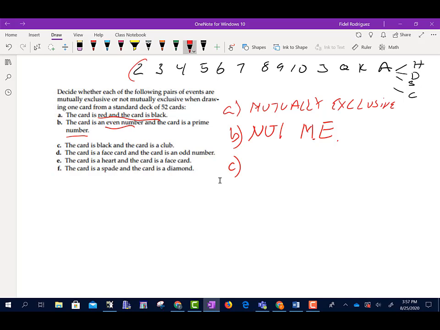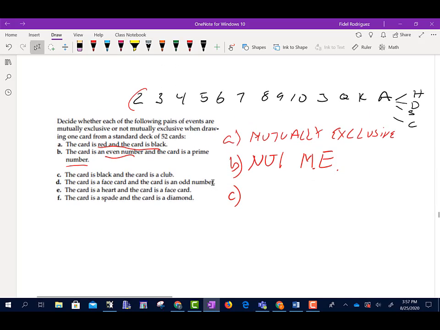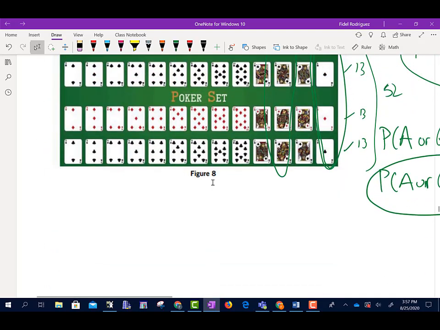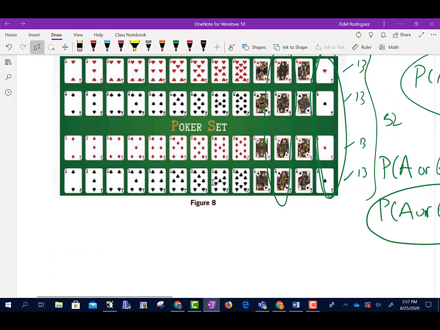Part C, the card is black and the card is a club. I don't know how many of you know a whole lot about playing cards. Some people see them, some people don't. So in case you haven't, let me write it here for you. These are clubs, these are diamonds, these are spades, and these are obviously hearts.